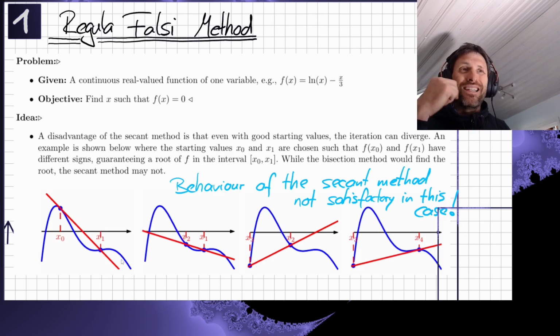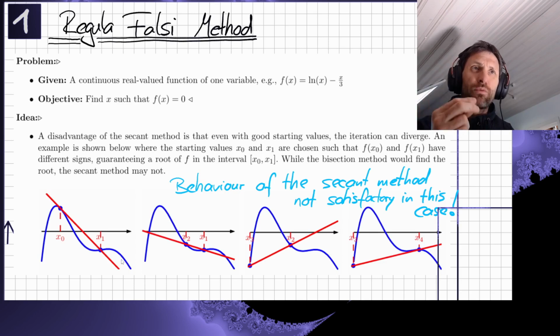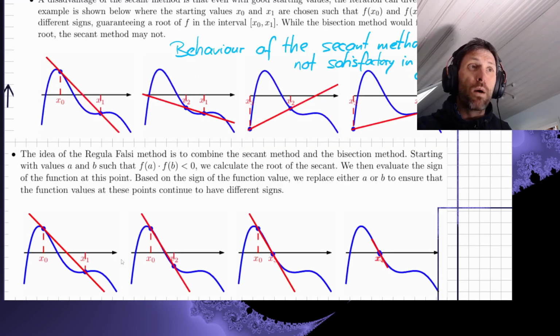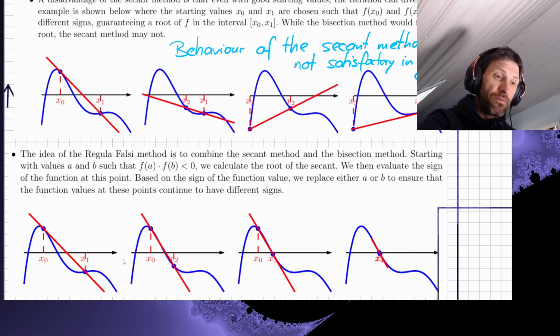So it seems to be a disadvantage that the secant method drops the old x value, not like dropping happens using bisection. And so let's combine these two ideas.